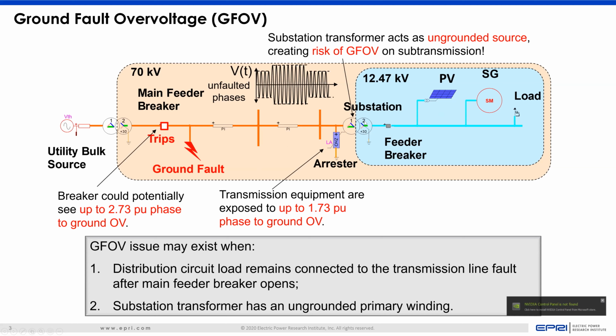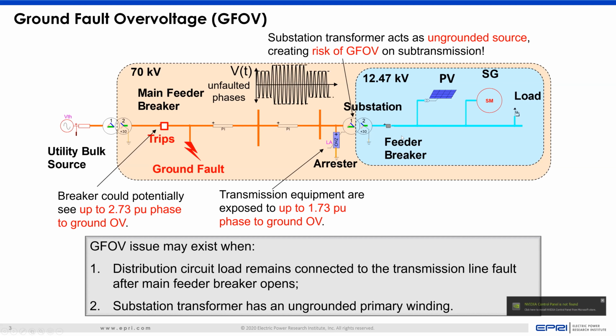So there are some substation configurations where the connection to the fault does not exist after opening of this breaker. For example, if you have another breaker on this side or on this side of the substation, then the distribution circuit is isolated, so there is no risk. Also, if the primary side is grounded, there is a grounding source to the subtransmission, so there is no issue here.